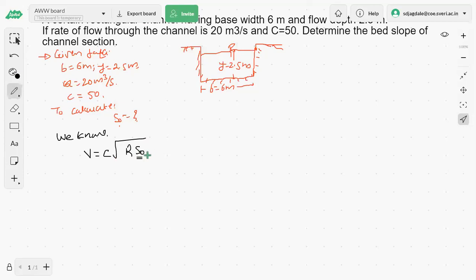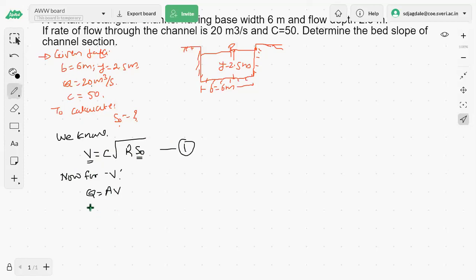Okay, so here you will get the S naught, but for using this equation we will require V. Velocity is not given to us, but they have given us a discharge. So how to calculate the V then? Q is equal to AV. Now for V, we know the continuity equation Q is equal to area into velocity.